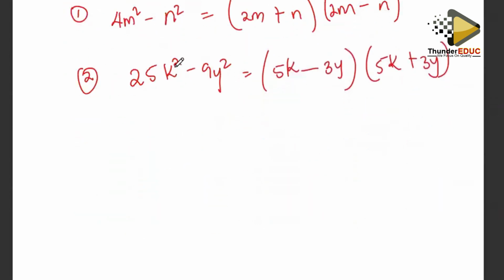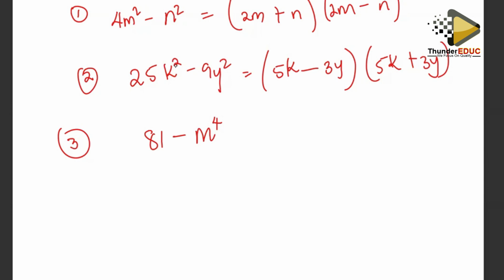All right, then lastly, what if we have something like 81 minus m to the 4. Something like this. Starting with a number to the exponent, something of the sort.